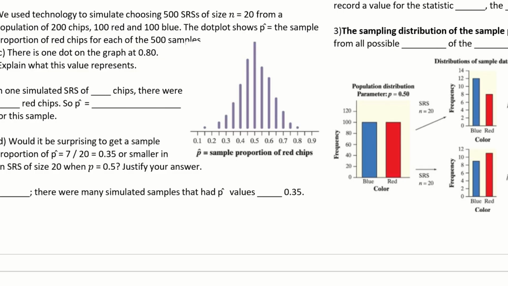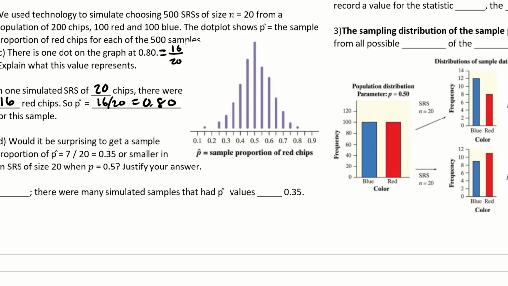That dot represents a simulation where we select a simple random sample of 20 chips, and we get 16 red chips, because 0.8 is 16 out of 20. So in a simulated simple random sample of 20 chips, there were 16 red chips. So p hat is equal to 16 out of 20 equals 0.80 for this sample. All right, so that's that one.